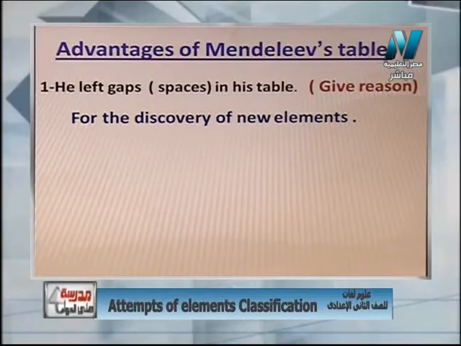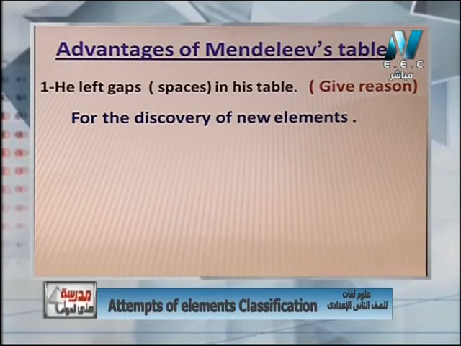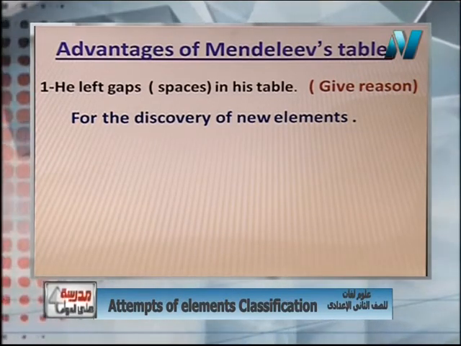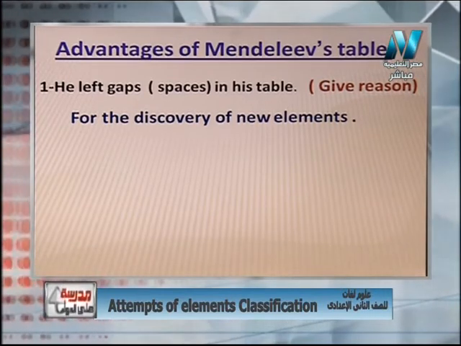So why did he leave the spaces or gaps in his table? This missing part is for the scientists following him to predict or discover the new elements. This is an important reason why Mendeleev left gaps in his table for the discovery of new elements.